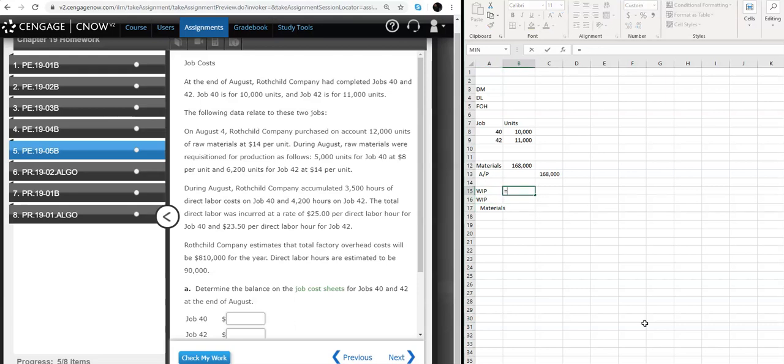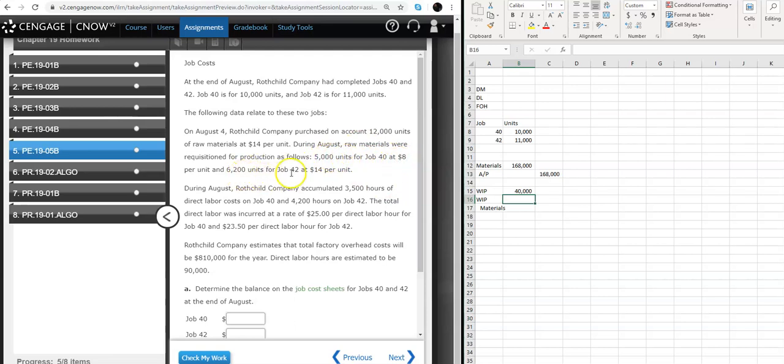All right, so the work in process for job number, where is it? Job 40, 5,000 units for job 40 at $8. So 5,000 times $8. And I got that because it said 5,000 for job 40 at $8. So I said 5,000 times 8.